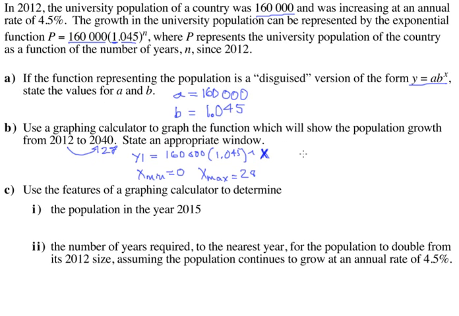For y's, it is always nice to have your minimum at 0. And for your y max, well, it's growing like 5% a year. 5% of 160,000 is 8,000. If that happens 28 times, we're talking another like 250,000 students, plus it's compound, so even 400,000 may not be enough.